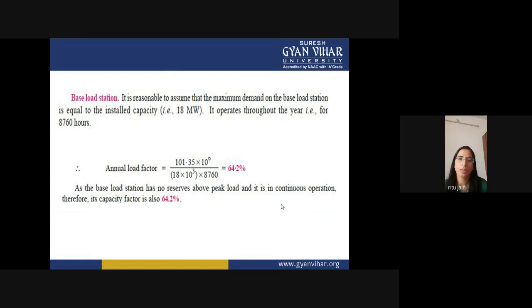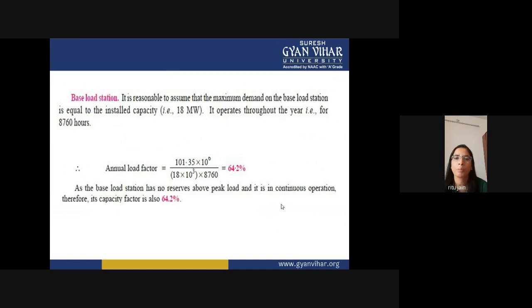I have already discussed what is base load and what is peak load. Base load is which is continuously supplying to the consumer throughout the year. It can't be more than your 18 megawatts. So the maximum capacity, or you can say maximum demand, of this base load station is your 18 megawatt, and one unit is always standby.